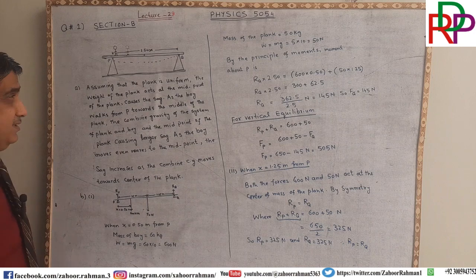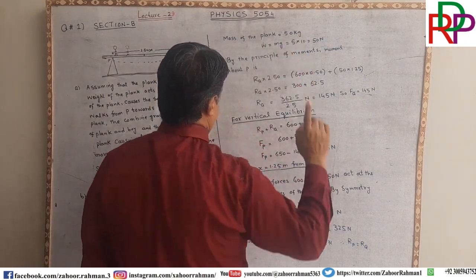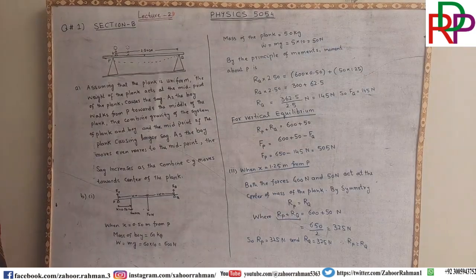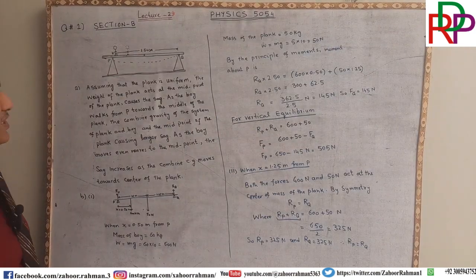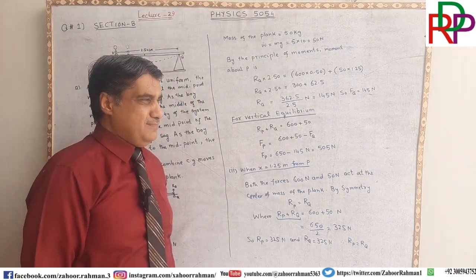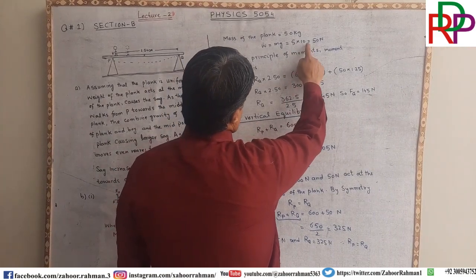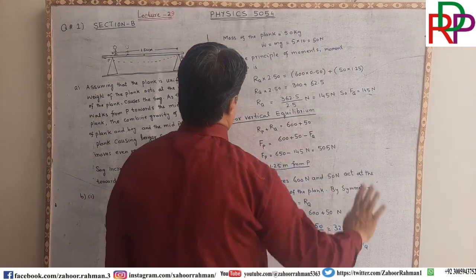Now the mass of the plank is equal to 5 kilogram. I'm not writing it from my own side, it is given in the question. So W is equal to mg, so 5 multiplied by 10 is equal to 50 Newton.